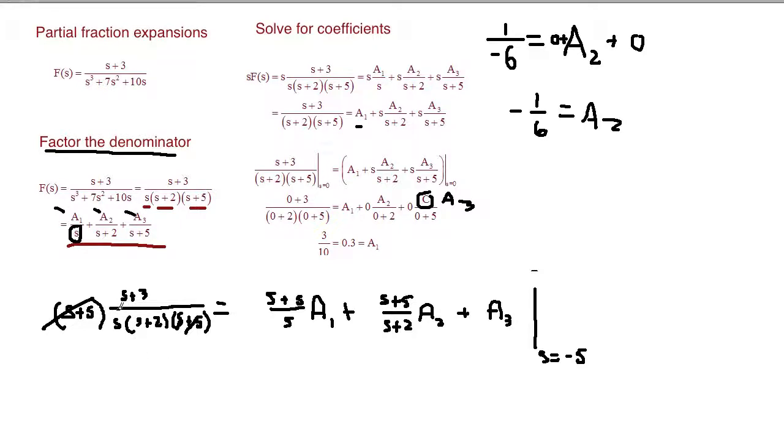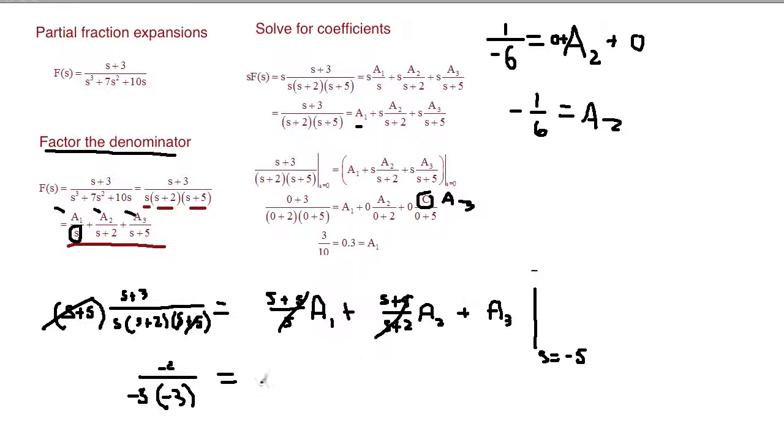Okay, so I get s plus 3, negative 5. This is negative 2 in the numerator. Negative 5 times negative 5 plus 2 is negative 3. That's what I have on the left-hand side. This is equal. S is equal to negative 5. This is 0. S is equal to negative 5.